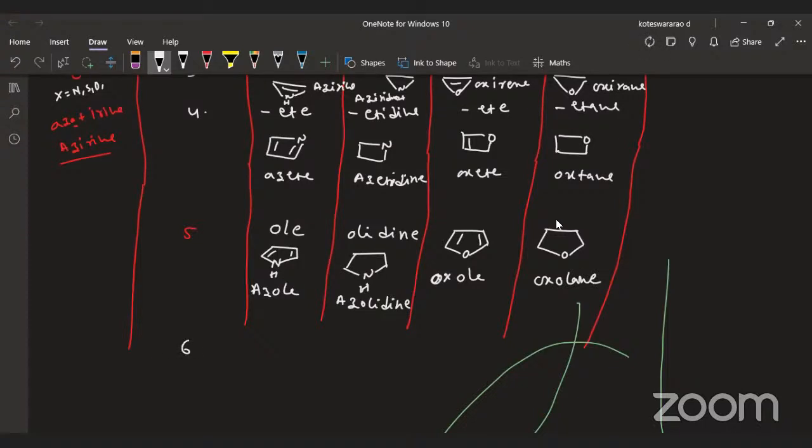Next, it is 6-membered ring. Nitrogen heterocyclic with nitrogen and unsaturation. For example, pyridine, and I'm giving the IUPAC name is azine. Aza plus ine. Aza, A is replaced with ine.